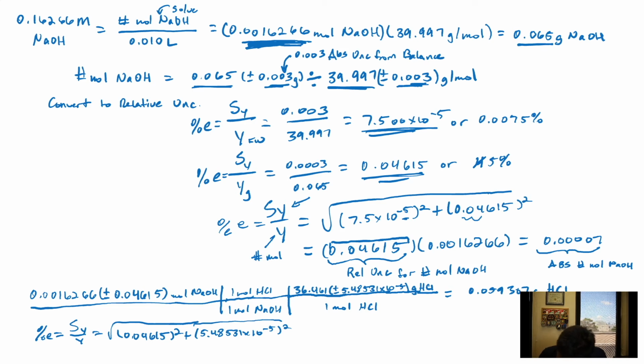And that gives you the relative uncertainty, which is 0.04615. Pretty much the same number again, because our biggest uncertainty is when we measure something out on a balance or with a volume on a volumetric flask or a burette. So that's where most of it is. Okay. Good. So now we have the relative uncertainty of the number of grams.